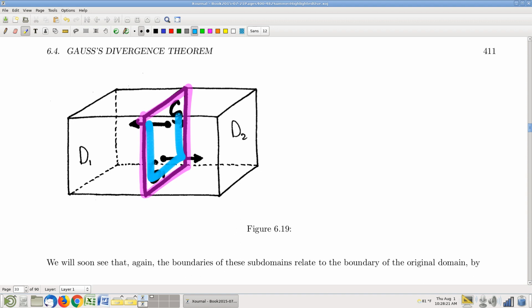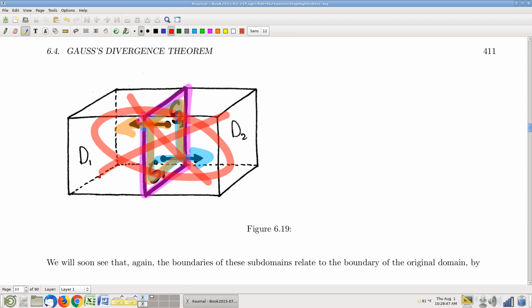Once as part of the boundary of D1, then separately as part of the boundary of D2. Notice that this face then appears twice with opposite orientations and cancels, just like every other one of these boundary contexts that we've looked at. The geometry is different.